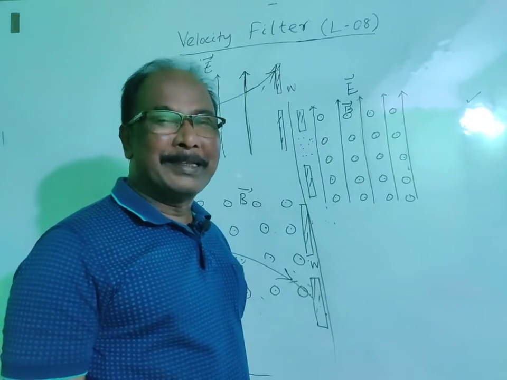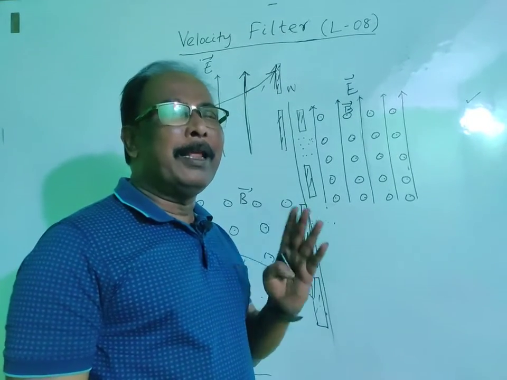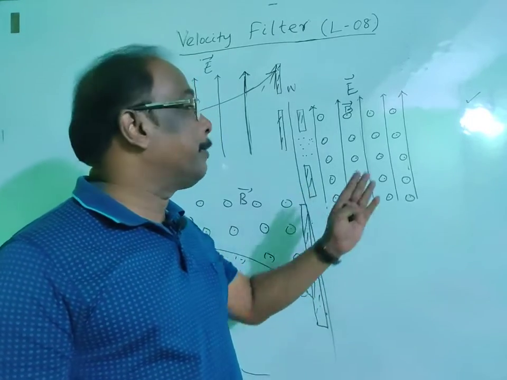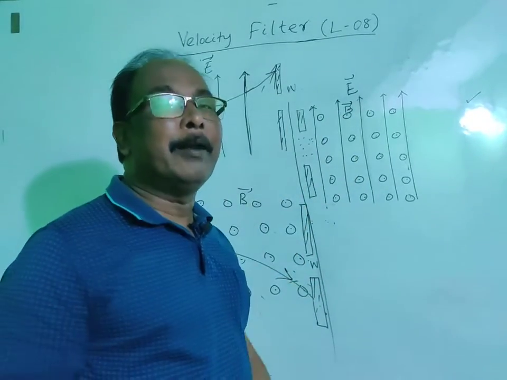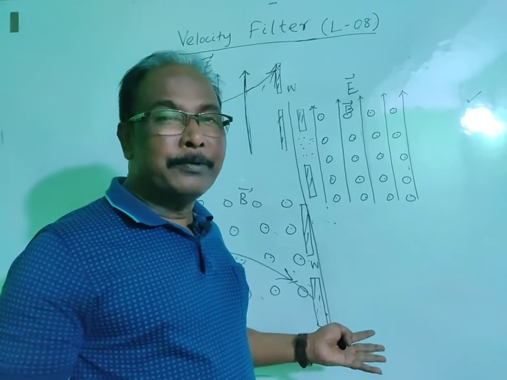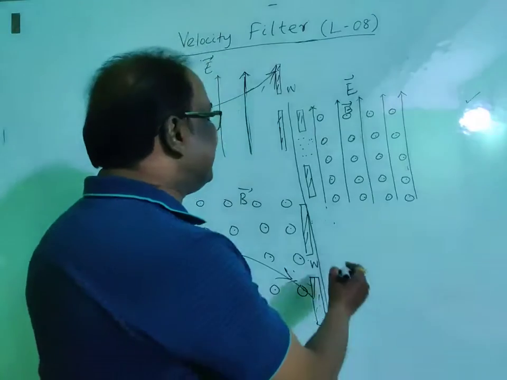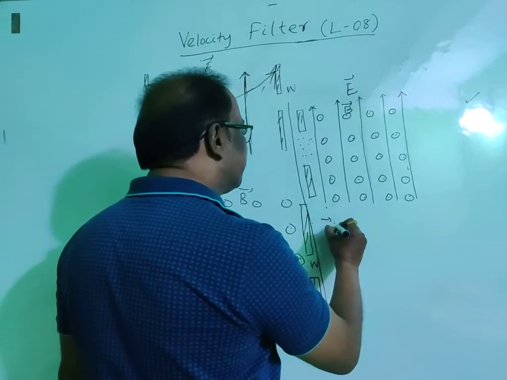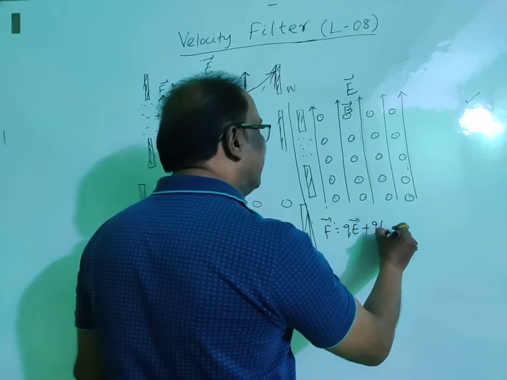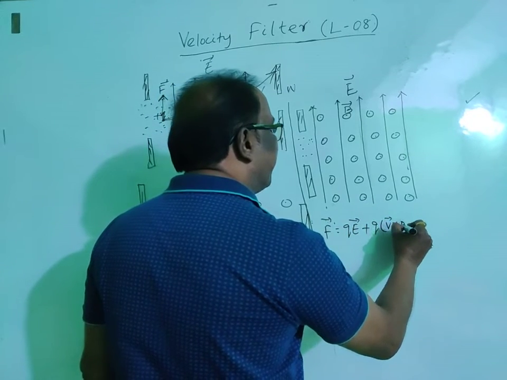As we have discussed, if a charged particle moves in a space where both electric and magnetic field are present, then the resultant force is called the Lorentz force. In this case, the force due to electric field is QE, and the force due to magnetic field is Q V cross B.